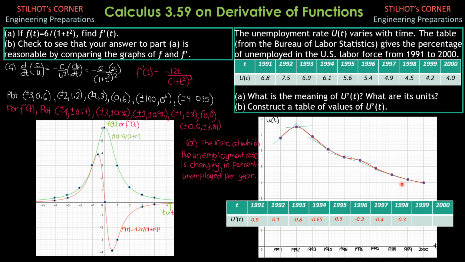The tangent to this point is negative 0.3 again. Then the tangent to this is also negative, so negative 0.25. Then finally here, at 2000, the slope is approximated to be negative 0.2.